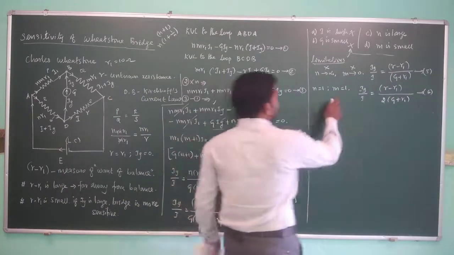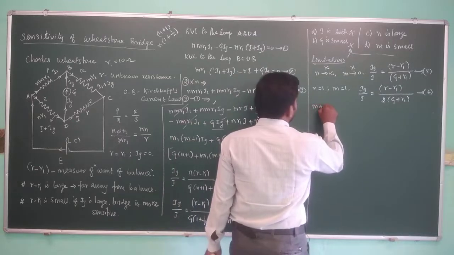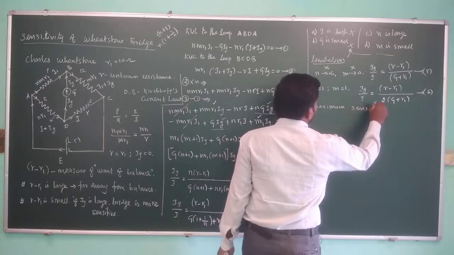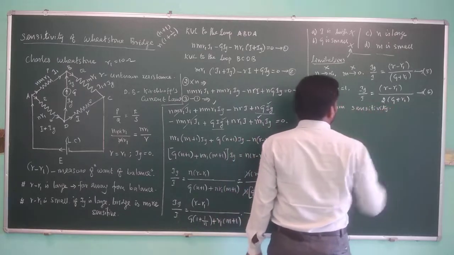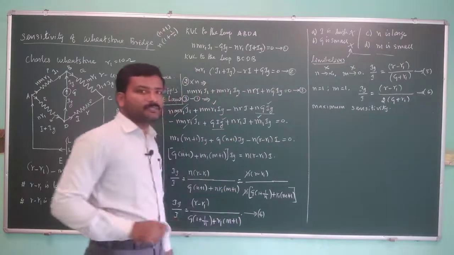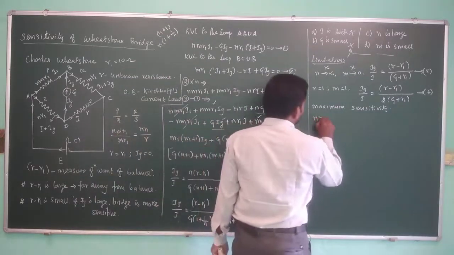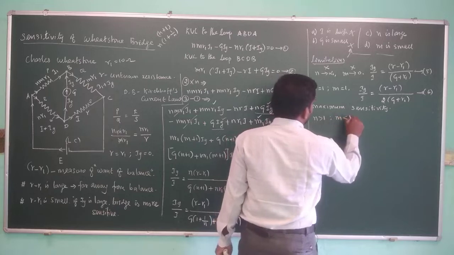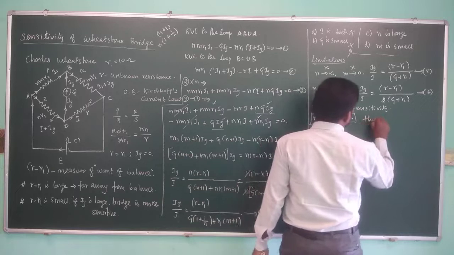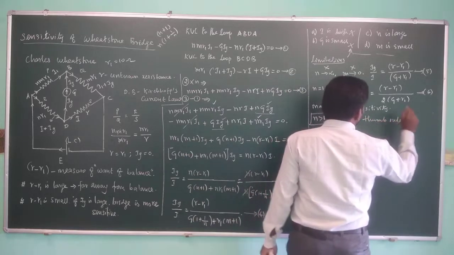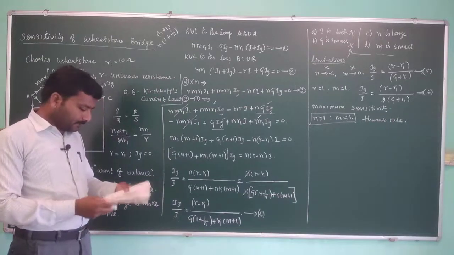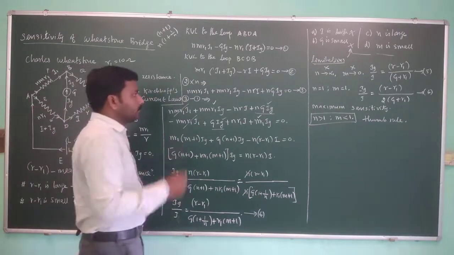So this will give you maximum sensitivity. But in general, it is said that in order to achieve maximum sensitivity, let's take N greater than 1, M less than 1 as a thumb rule. Okay, fine.